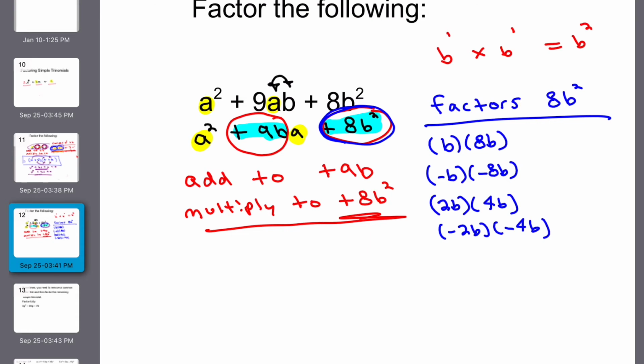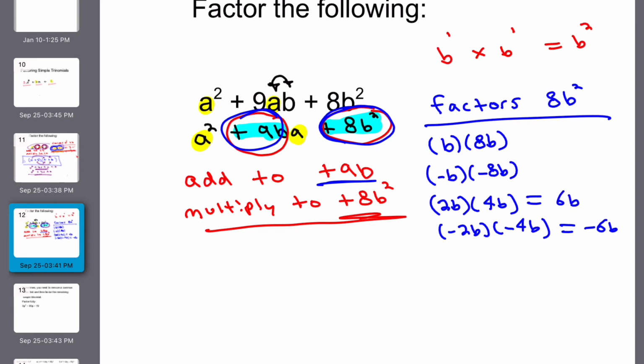Now we just have to find the one that adds to positive 9b. Let's add these, and I'm going to add them backwards. You'll see why. The bottom one: negative 2b plus negative 4b gives you negative 6b. That's not what we want. The next one above that, 2b plus 4b: if you have 2 of something and you add 4, you now have 6b.